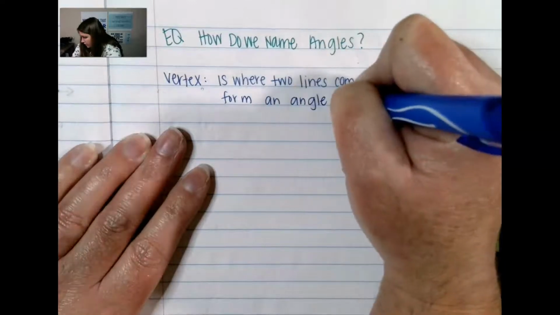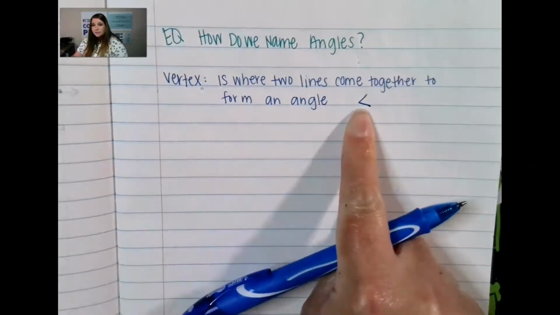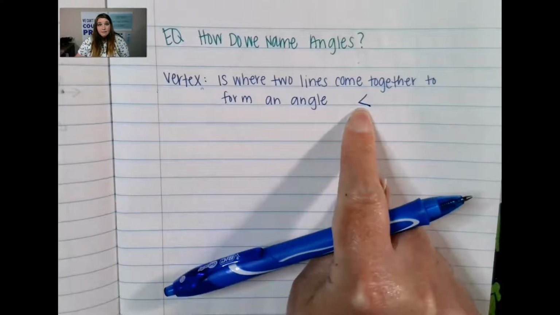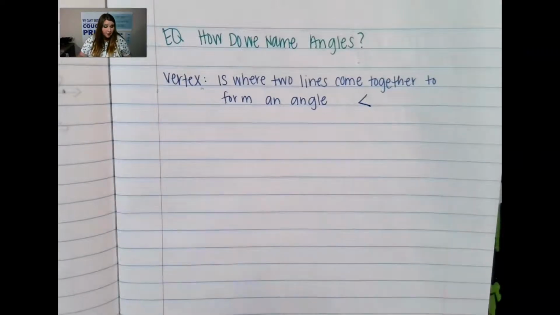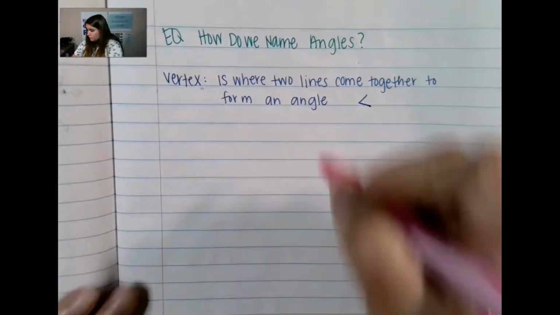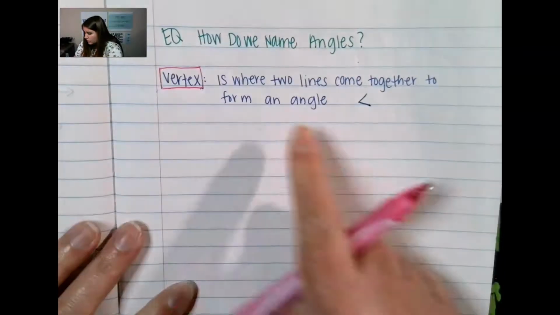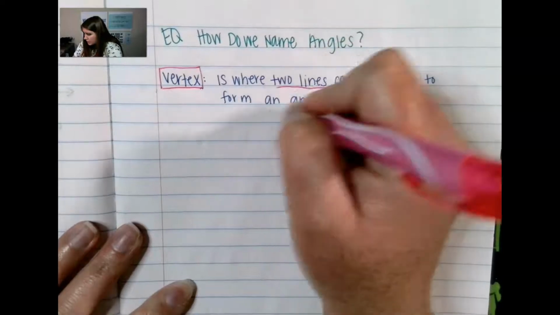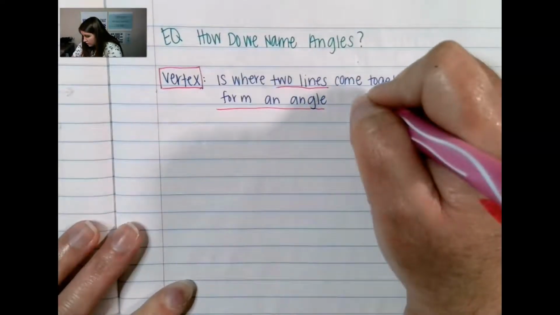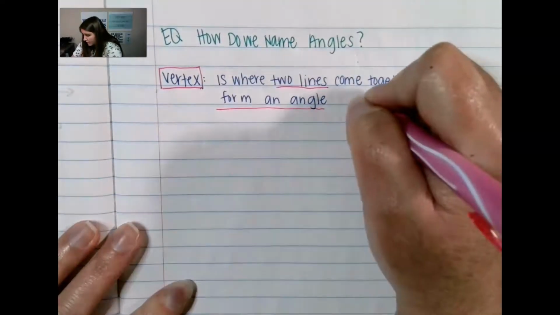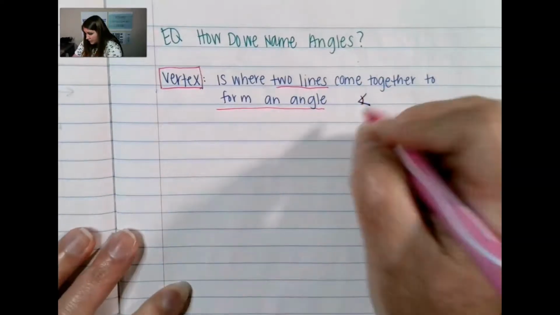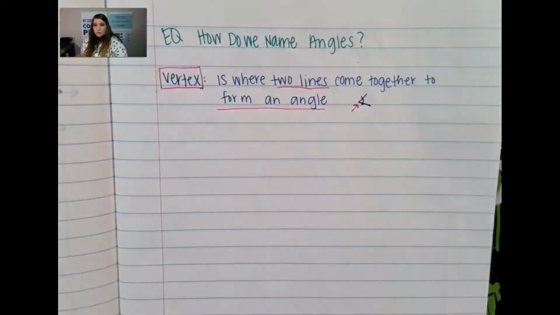It looks like this. It looks like a V on its side. That's how I like to remember it. So a vertex is where two lines come together to form the angle, and the angle is right there. That is the vertex.